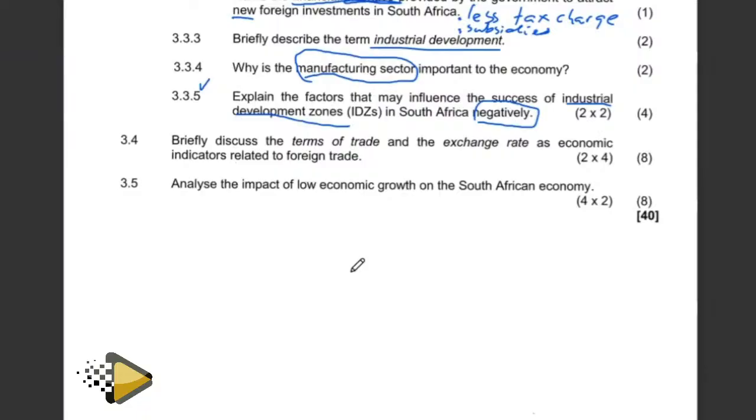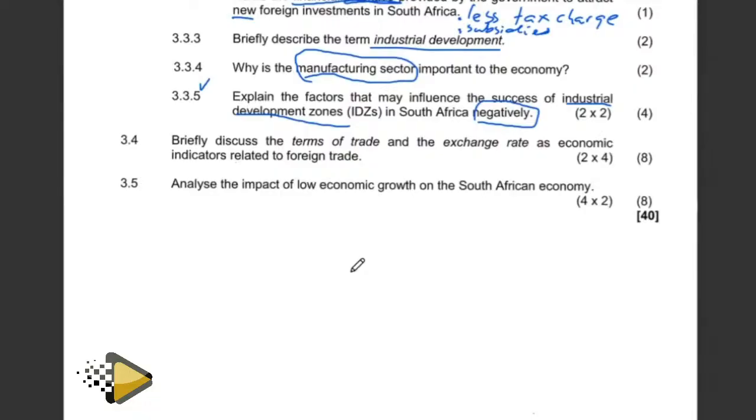Okay, right. This question says, explain the vectors that influence the success of industrial development zones in South Africa negatively. So it means we must check the vectors that prevent industrial development in South Africa.